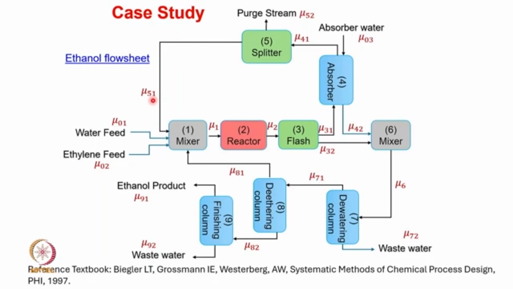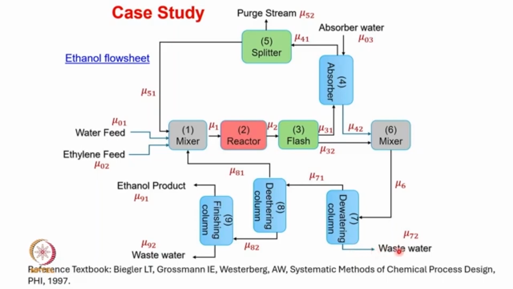Similar to this vapor loop, the liquid coming out from the flash unit is mixed with the ethanol rich water stream coming out from the absorber, and this water rich stream is then charged to the first distillation column, which is essentially a dewatering column.